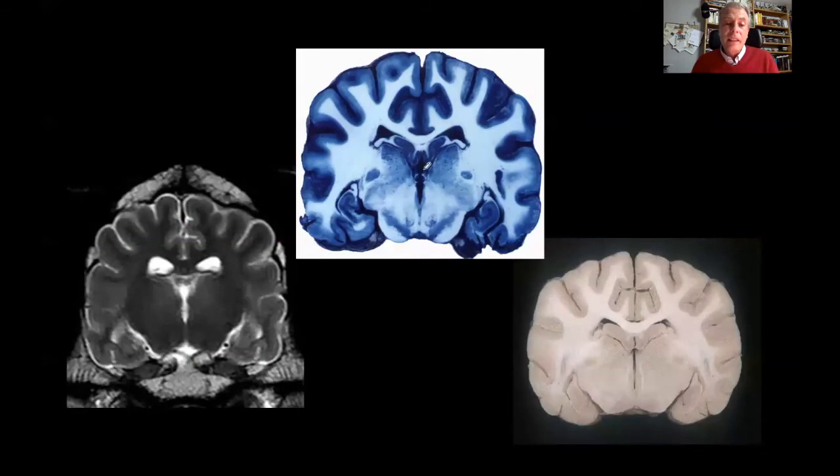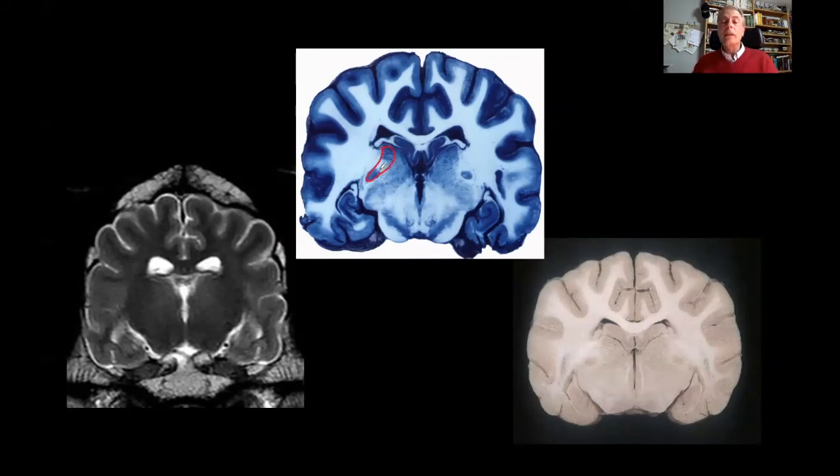So at this level, we are at the level of the metathalamus. So what is the metathalamus? The metathalamus is the part of the thalamus that is located dorsolaterally and caudally. And we have the lateral geniculate nucleus, this one here.